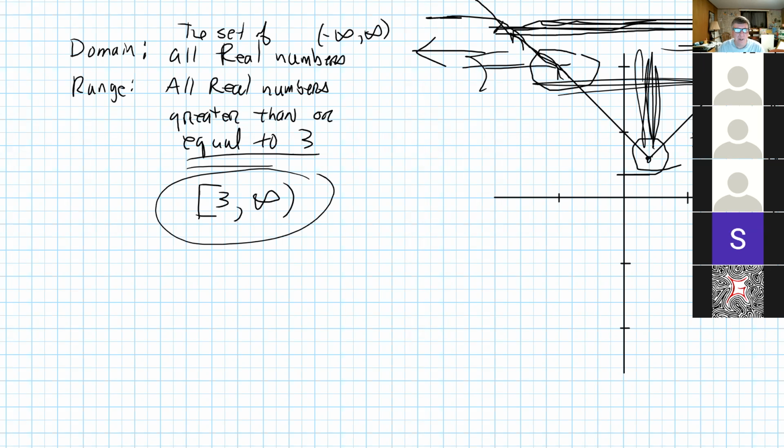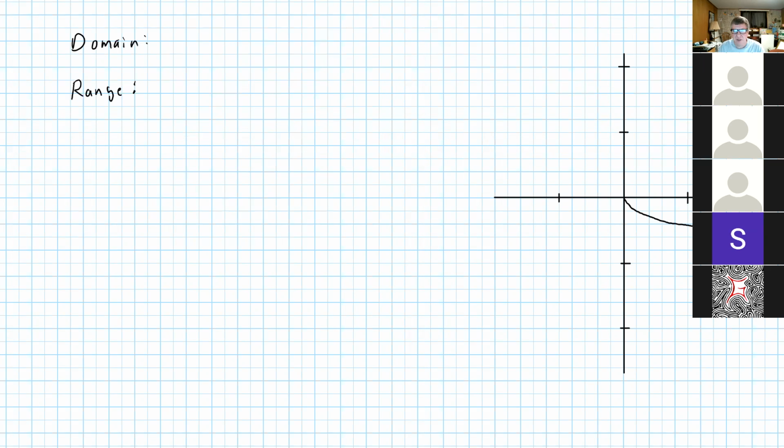Yes. Okay. Next example, domain and range. All right. Here again, this arrow implies that this thing continues to go down and over, et cetera. So where does the domain start? Where do the x values start? It'd start at 0. Okay. How far to the right do the x values go?